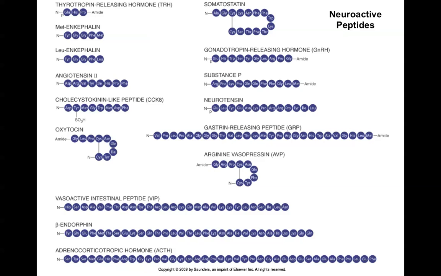Let's say it increases the production of the receptor. That means that the next time that neurotransmitter is released onto that cell, the postsynaptic cell is going to create a more robust response. It's going to have a greater sensitivity for that neurotransmitter.